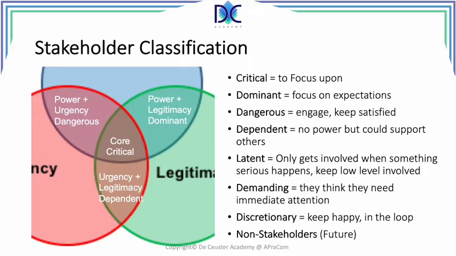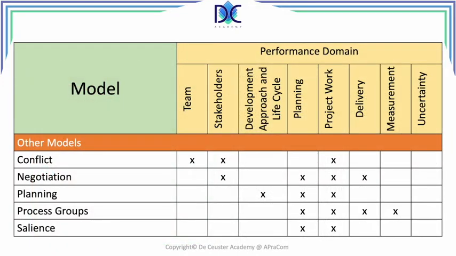Now let's have a look where we have those different models and where they interact with the different performance domains. When we look at conflict, we see that conflict interacts with the team and the stakeholder and the project work performance domain. Negotiation, here we have an interaction with the stakeholder performance domain, the planning, the project work, and the delivery performance domain.